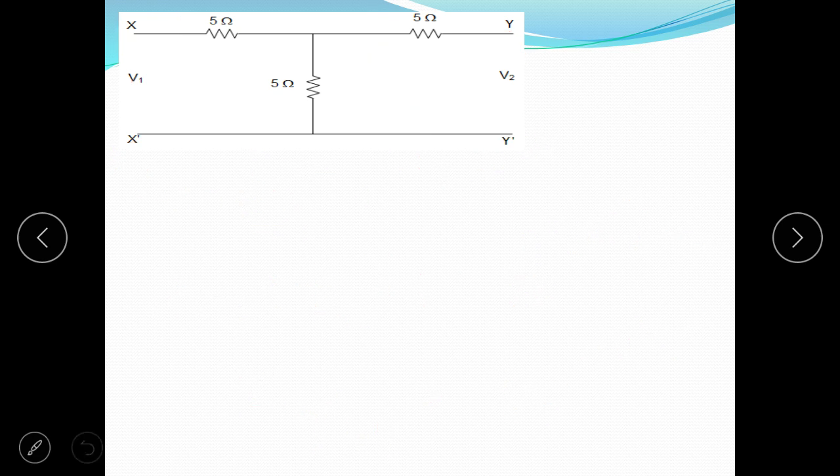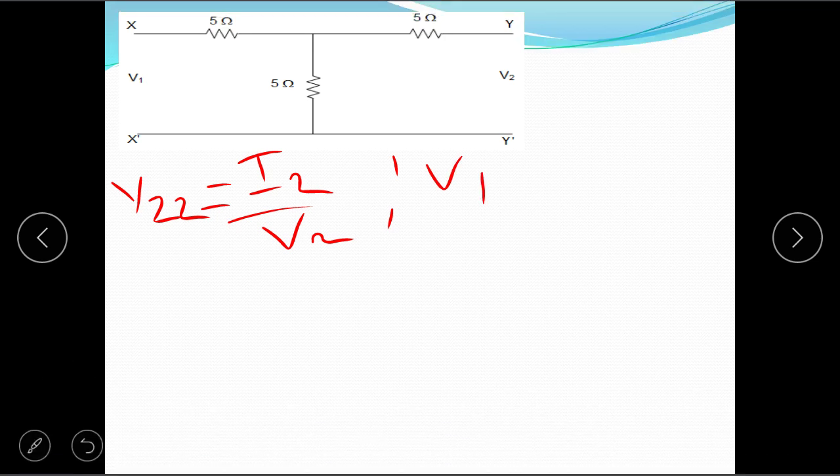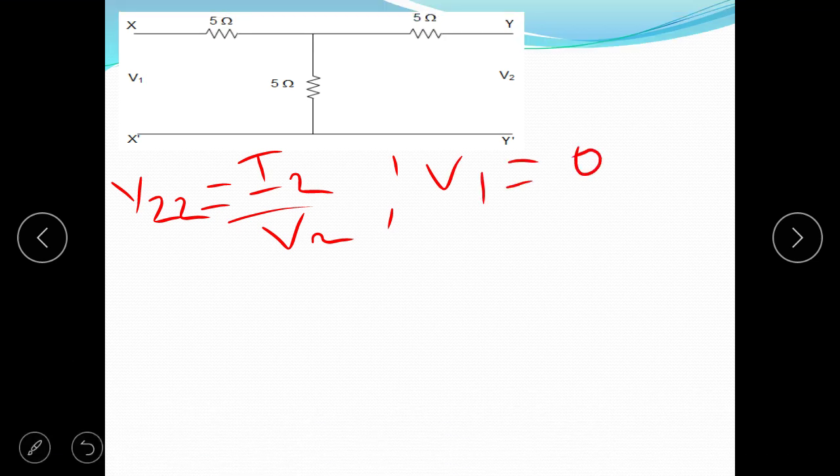Similarly, the last parameter is Y22. Y22 is the ratio of I2 upon V2 when V1 is equal to 0. So we short circuit the terminals of port 1, and voltage at port 2 is V2, current is I2.